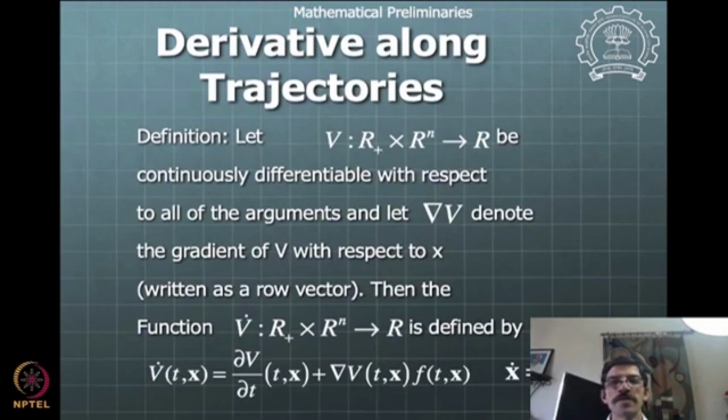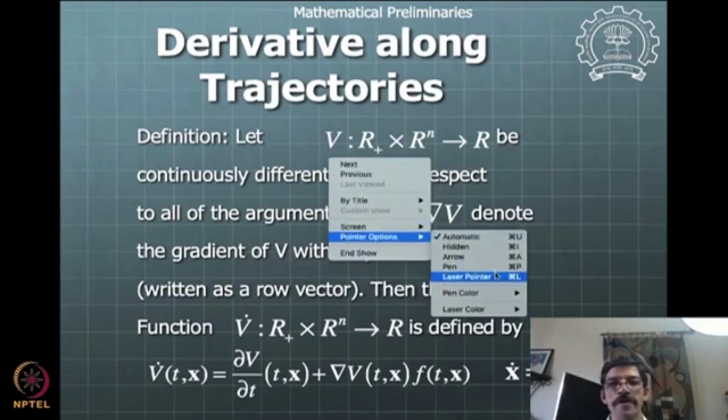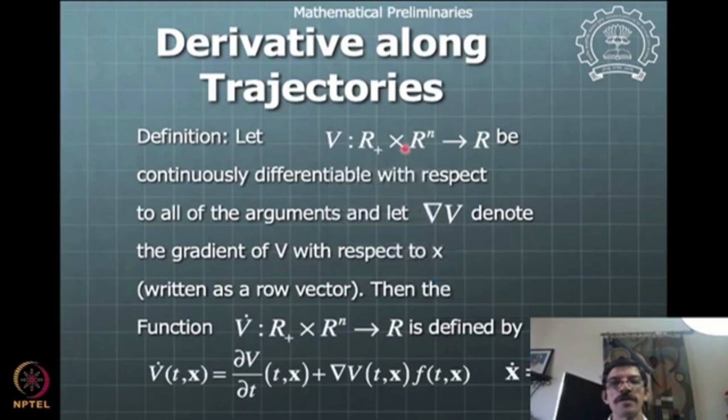the derivative along the trajectory is a concept developed for the function V. So if V is given as a function of time t and a vector x belonging to R^n space, and it's a real valued function, taking values in the real space.